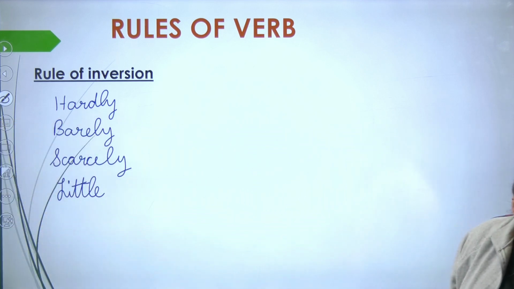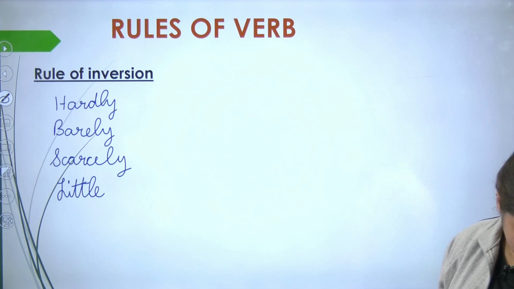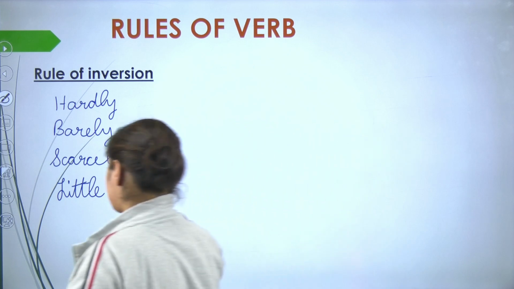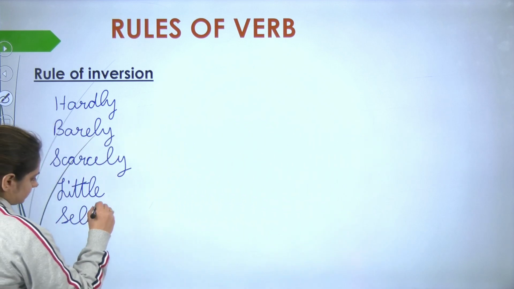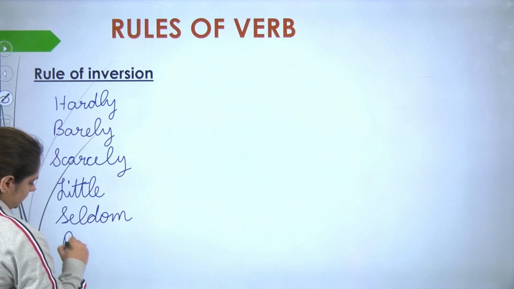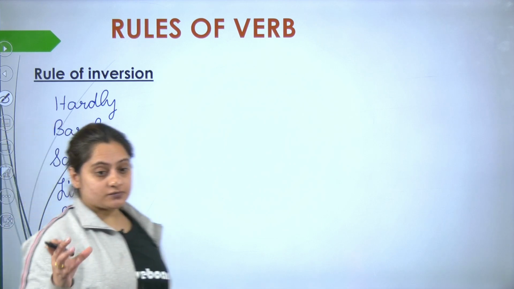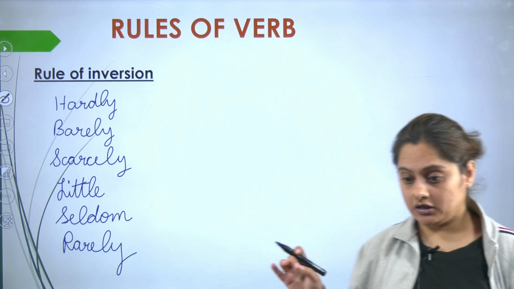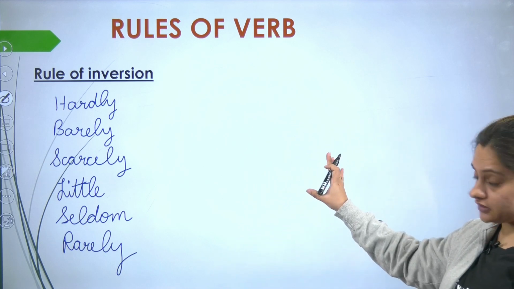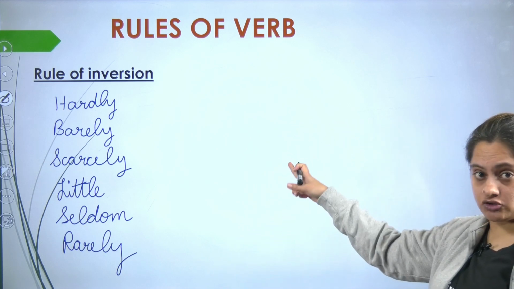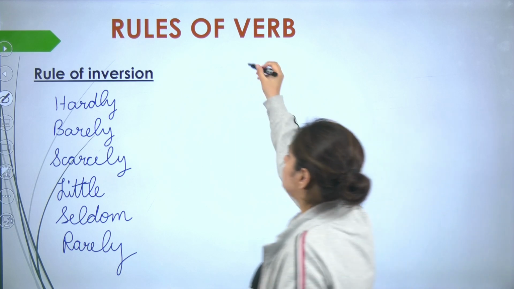Negative. Then we have nowhere, only then, rarely, seldom, many words. If you start your sentence with any of the negative adverbs, you cannot use the subject after it. First the verb will come, then the subject. In normal sentences, what do we do?